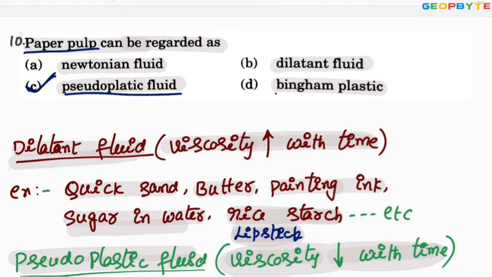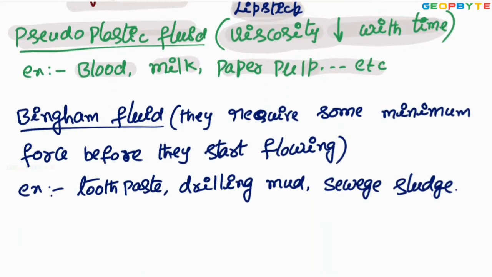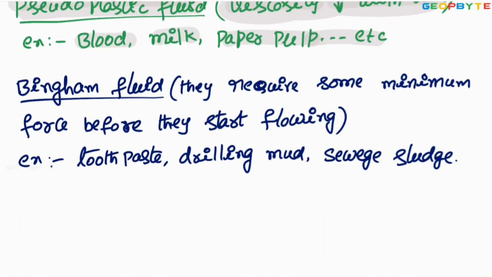Now come to the other kind of fluid, that is Bingham fluid. Bingham fluid means they require some minimum force before they start to flow. You take the shaving cream, toothpaste, Fair and Lovely, etc. The toothpaste is coming out from the tube under the influence of external force.